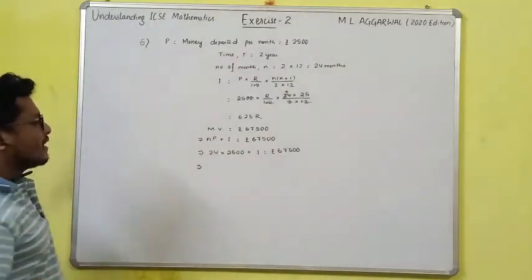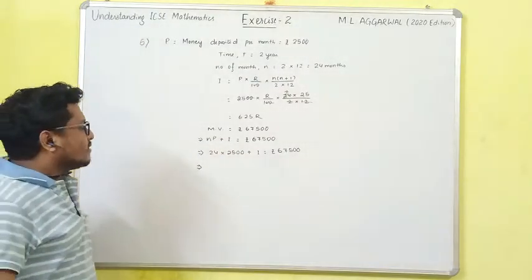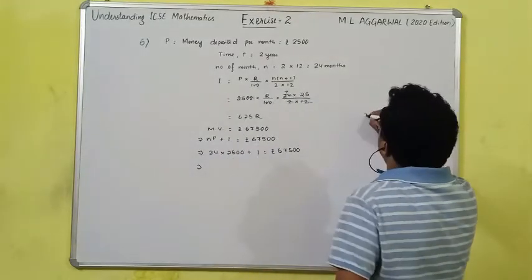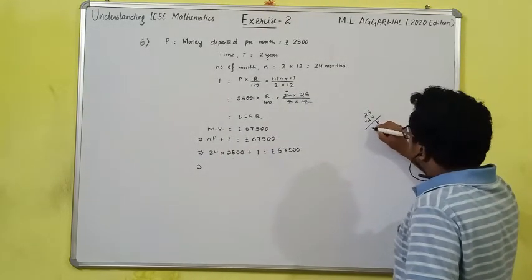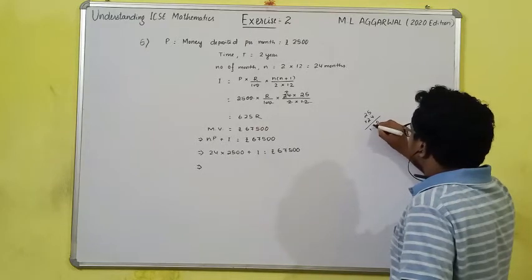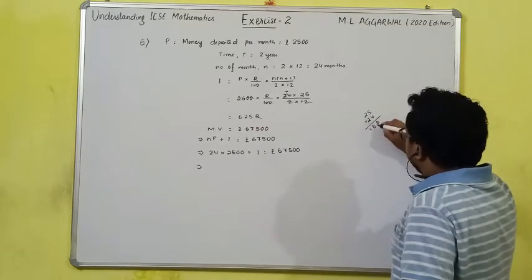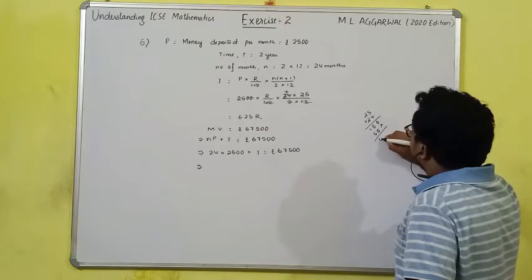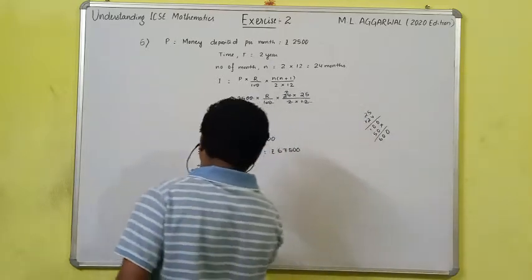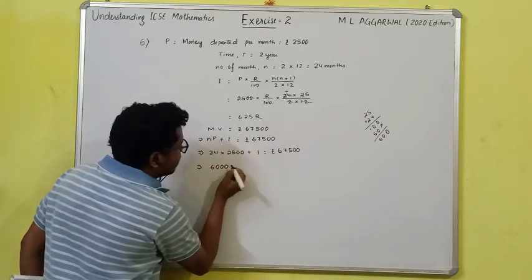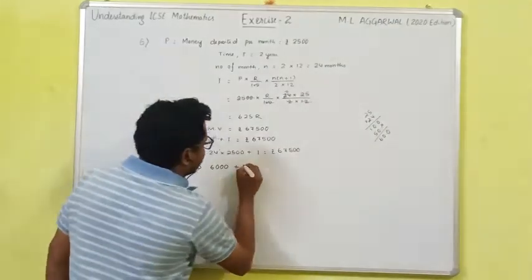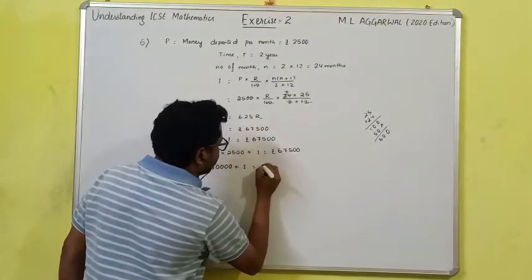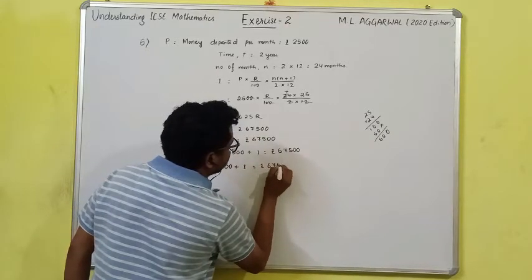These two multiply, 25 into 24 is equal to 600, then with the 100 it will be 60,000. So 60,000 plus I is equal to 67,500.